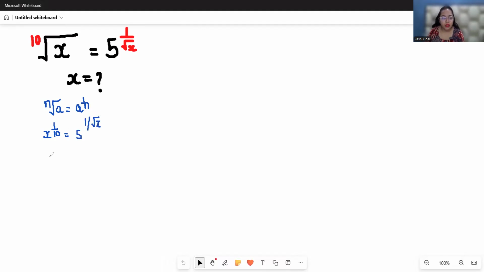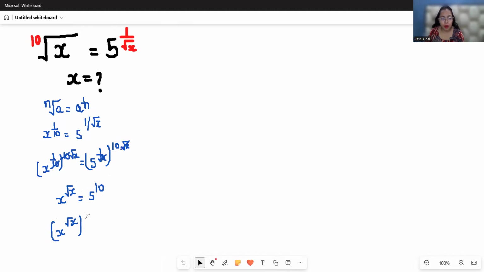Now if I multiply both sides in power by 10 root x, so this 10 will cancel out. So it becomes x power root x, and here if we cancel out the root x with root x, 5 power 10. Now I am going to multiply both sides with power 1 by 2.